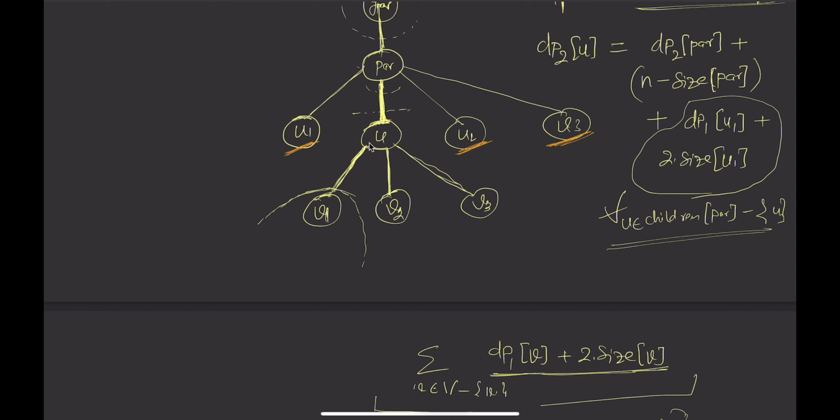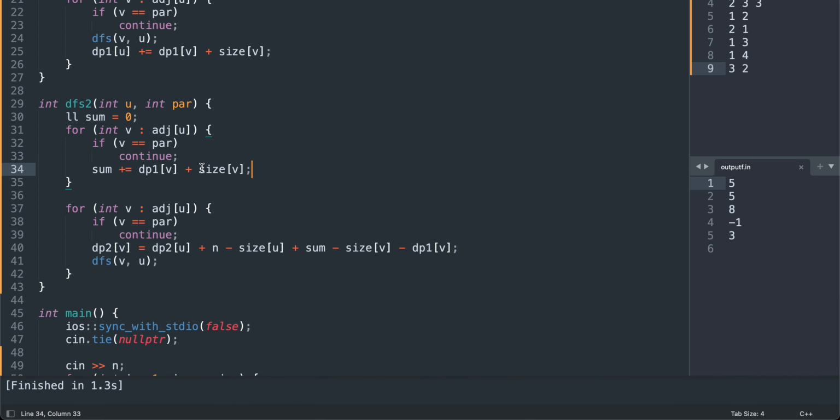No, 2 times size of v, right? So it will be 2 times size of v, so we decrease it by 2.